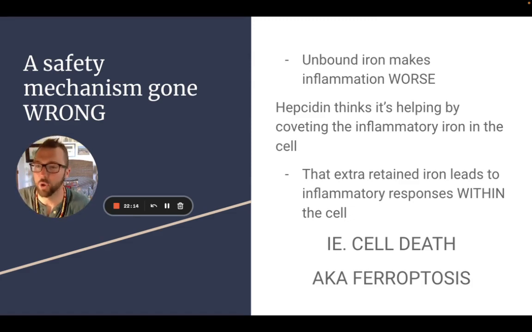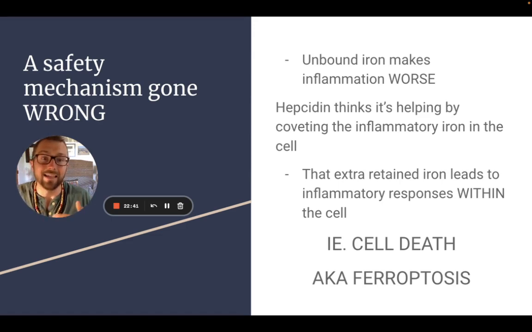If we're sick, if we have an infection or something in our body, and we have all of these antibodies causing an inflammatory response, our body intentionally tries to mitigate the inflammation by taking any extra iron into the cell temporarily to avoid it making the initial inflammatory response worse.